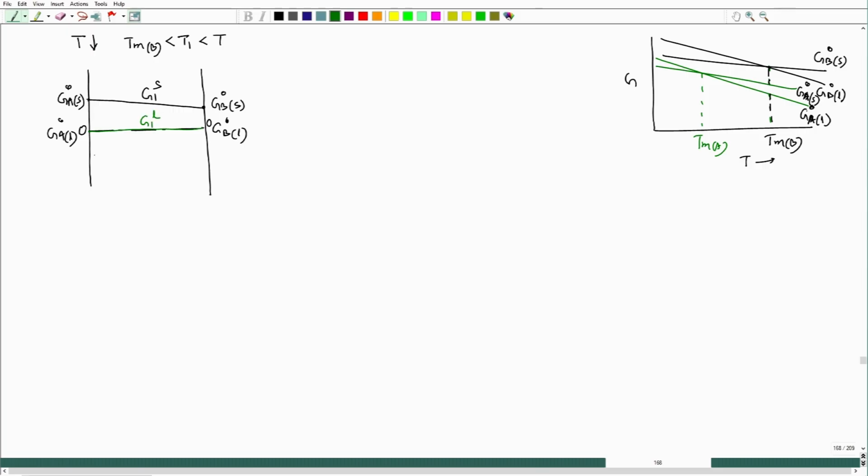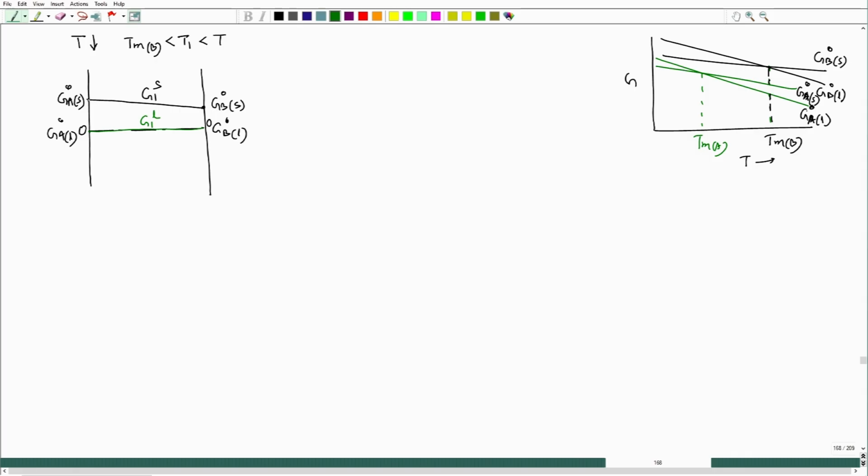So, liquid will have shallower convex downward, and solid G2 would have steeper convex downward. But as we decrease temperature, the steepness would also reduce for both the cases. Why? Because the minus T delta S mix contribution will be felt less, because temperature is down. Delta S mix will not change, but since it is multiplied with temperature and temperature is reducing, that contribution would be less for that particular G2 line, whether steeper downward or shallower downward.